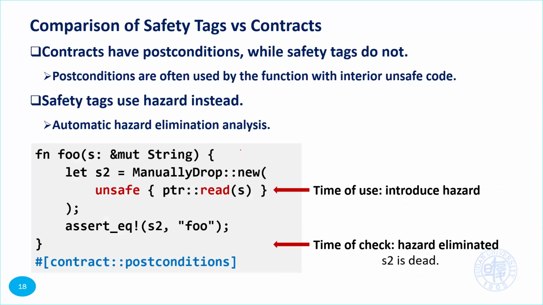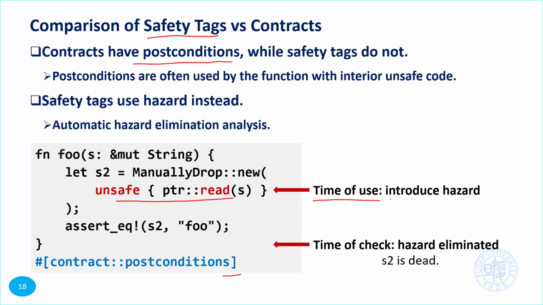Let's compare the difference between safety tag and contract, especially the post condition. Contract has post condition, while safety tag does not. Post conditions for contract are often used by functions with interior unsafe code, and we provide the post condition at the end of the function.